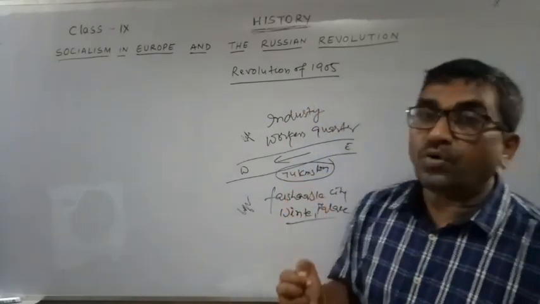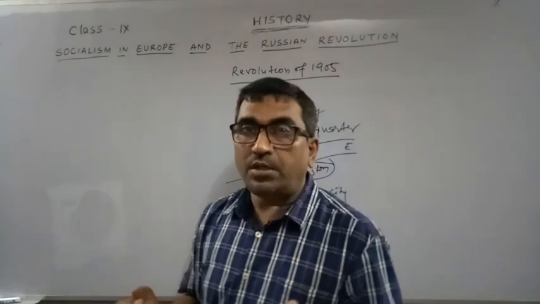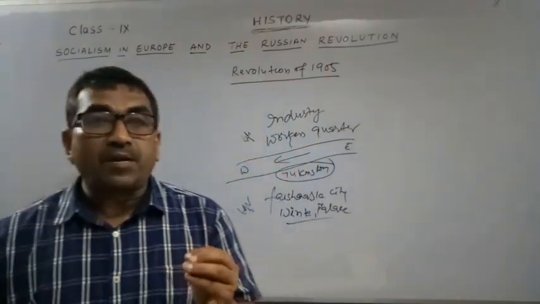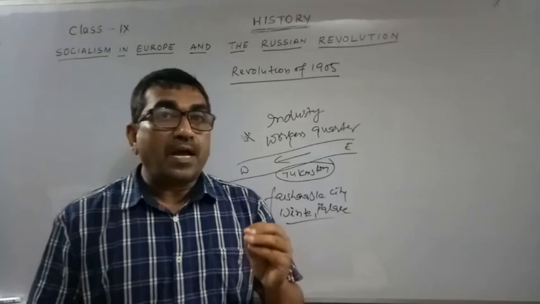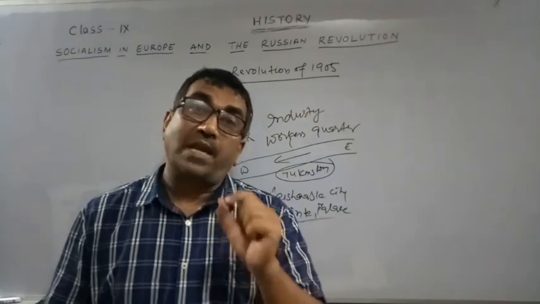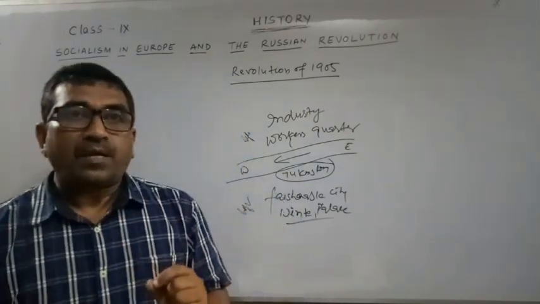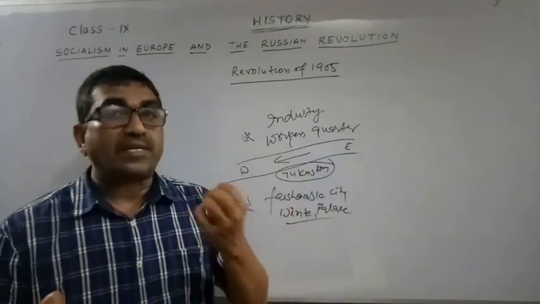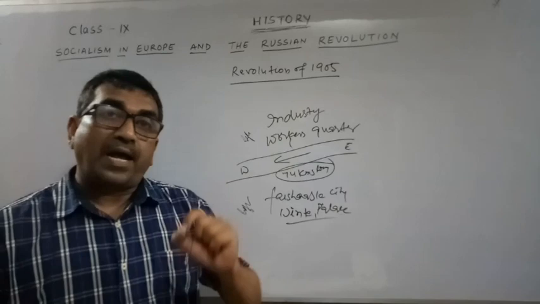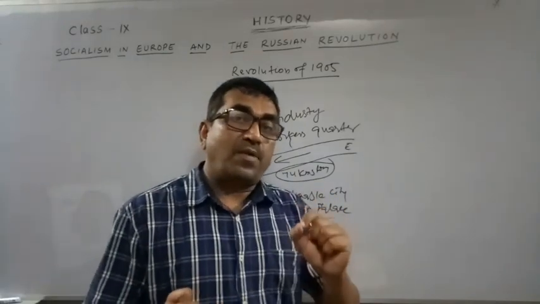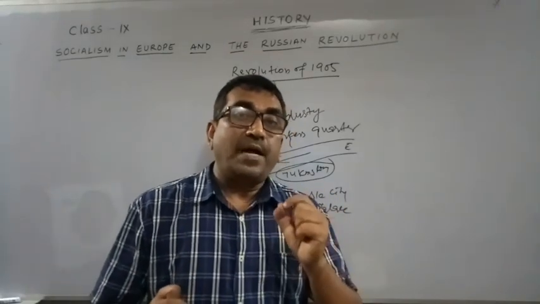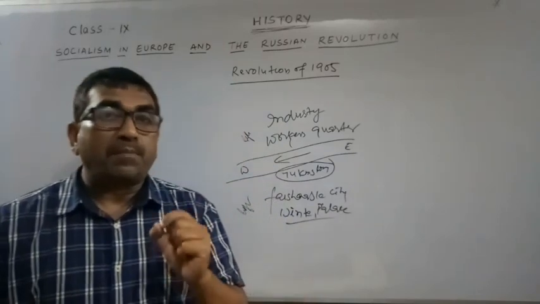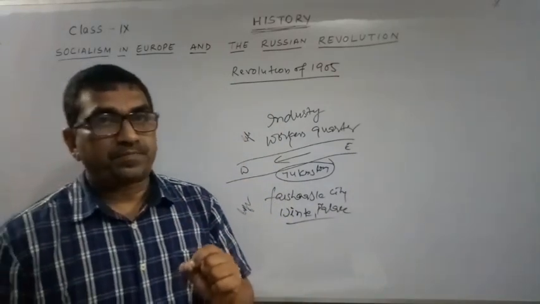So this revolution, we can say, was actually led, because organizations had already taken place, all the fuel was assembled, the fire had been started, and this fire was being given air or oxygen by Father Gapon.